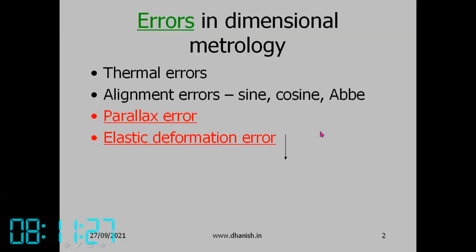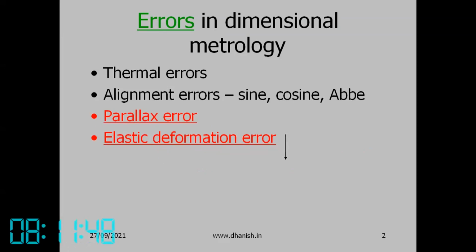Then for high accuracy measurements, the biggest problem is elastic deformation. Of course, if you apply too much force, you will get plastic deformation also. But assuming that the forces are controlled, we will only have elastic deformation.